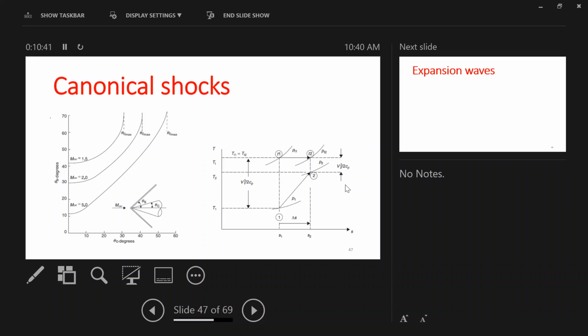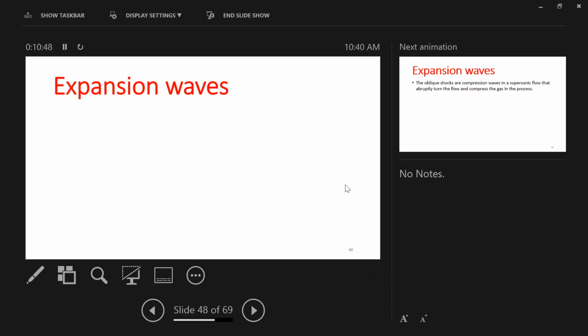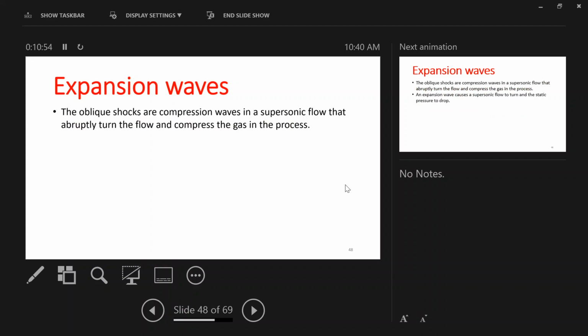Okay, so let's move on to the next topic, which is going to be the expansion waves. We already know that oblique shocks are compression waves in a supersonic flow that abruptly turn the flow and compress the gas in the process. So what does this mean?